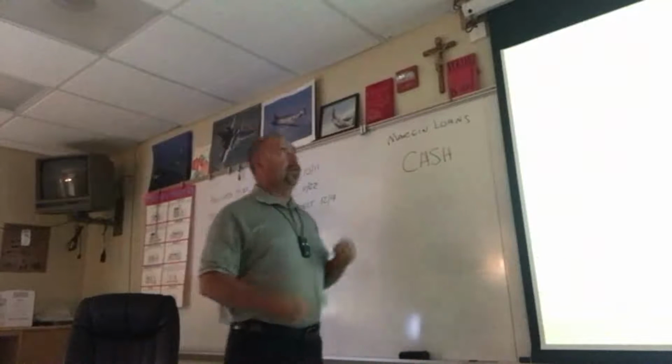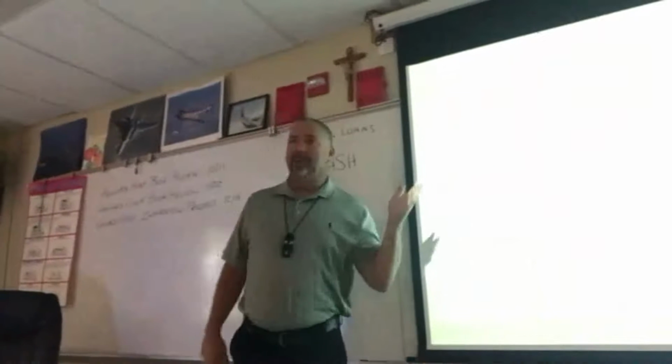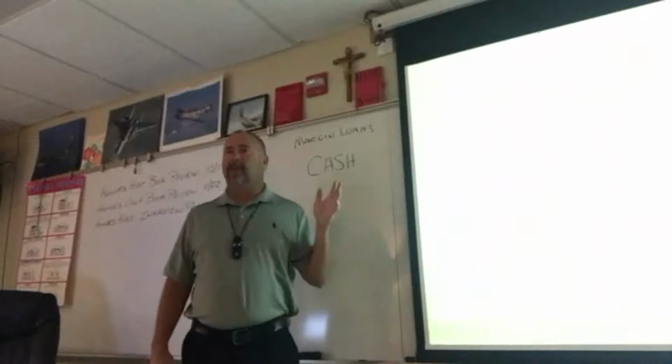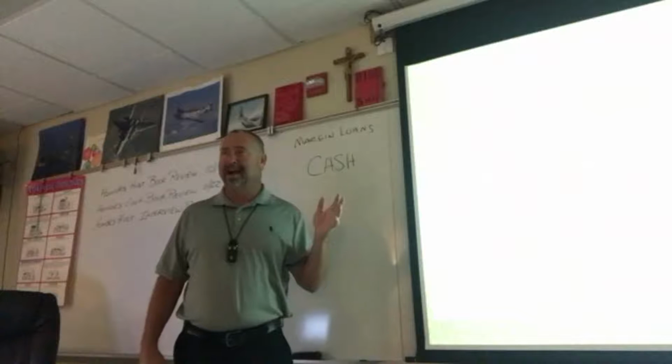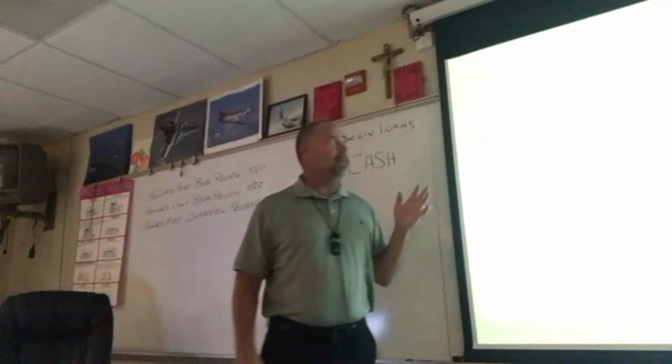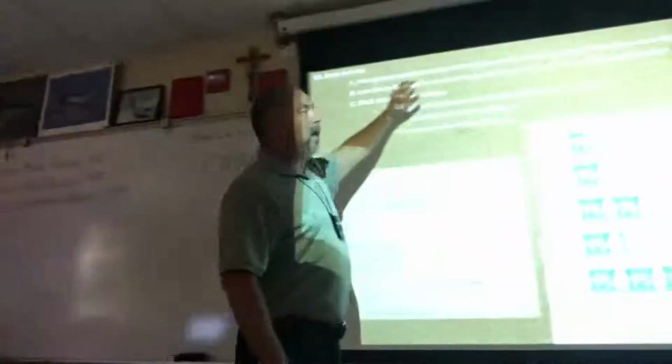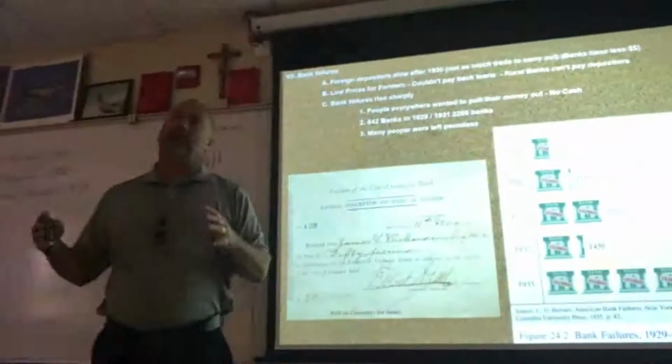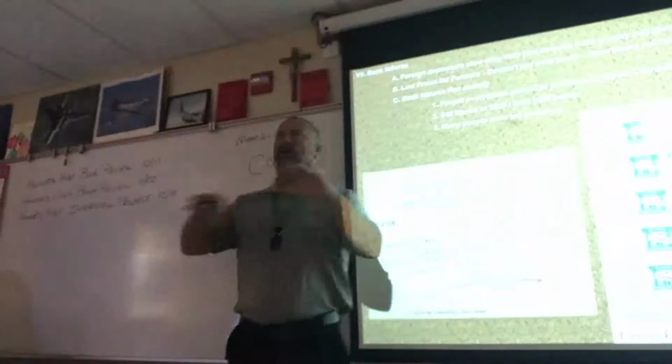So as I walk you through this, by the way, guys, this is something you're probably going to need to write about on the test, to describe how bank failures happen. So, foreign deposits. Remember, holy smokes, guys, within 17 months, trade was cut in half.